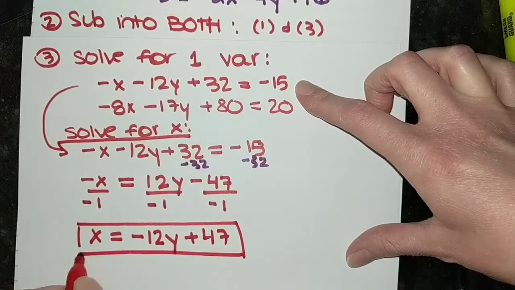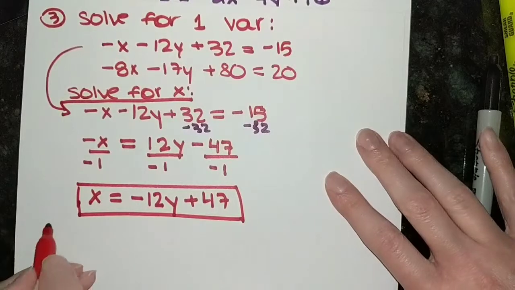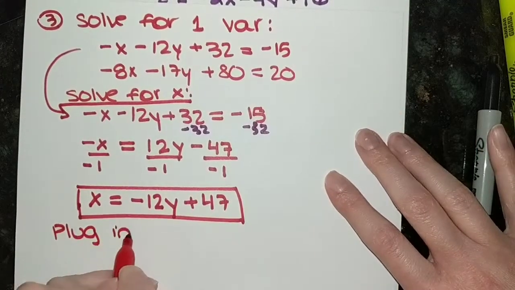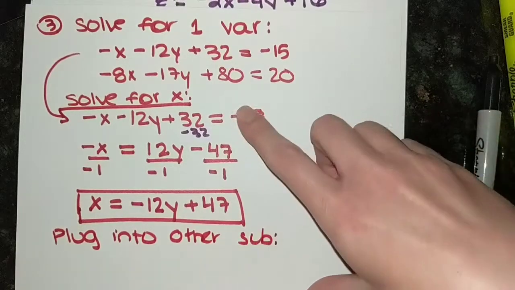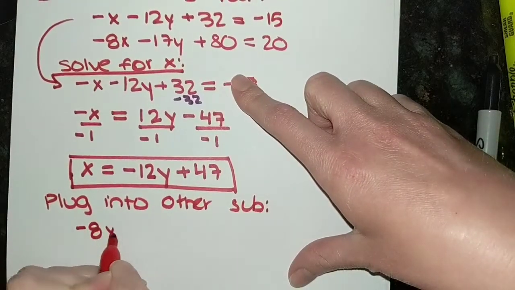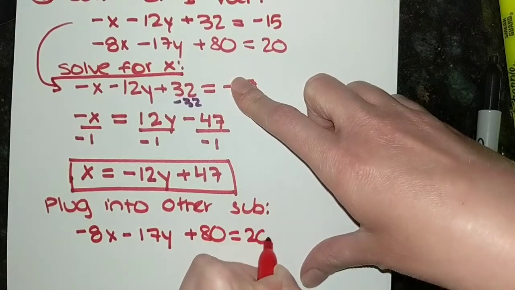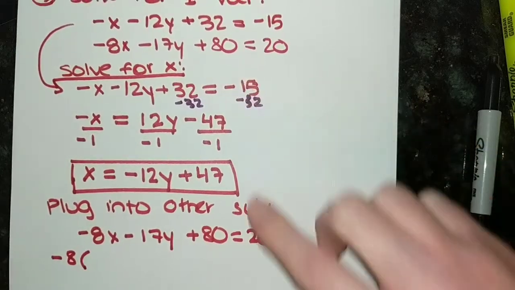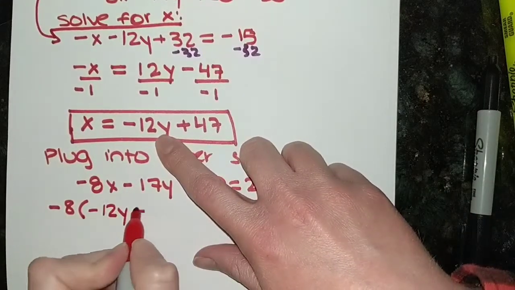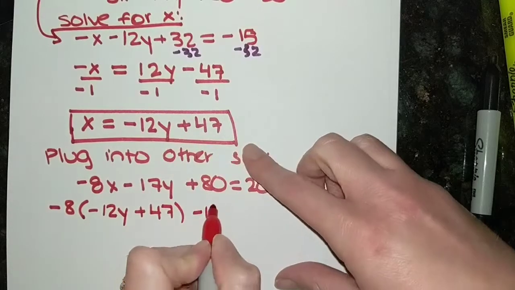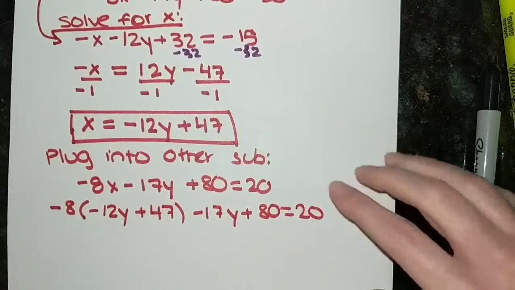Now, with that x is equal to something, you would then plug that into the other equation. So really you're doing substitution. So you have negative 8x minus 17y plus 80 is equal to 20, and you would plug in that x is equal to negative 12y plus 47. We're really just doing substitution for the two unknowns and two variables.